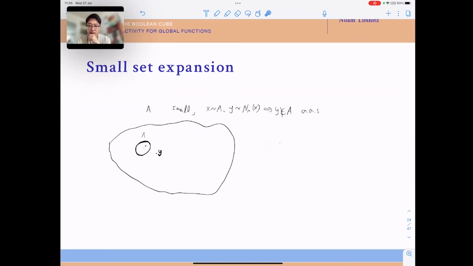Small set expansion is about a random walk where we are given a small set A. So A here is not the same thing as before, this small neighborhood. Now A is an arbitrary small set. And small set expansion tells us that if we take a uniformly random element in the small set and then apply a step of the random walk, then we leave the set with high probability.